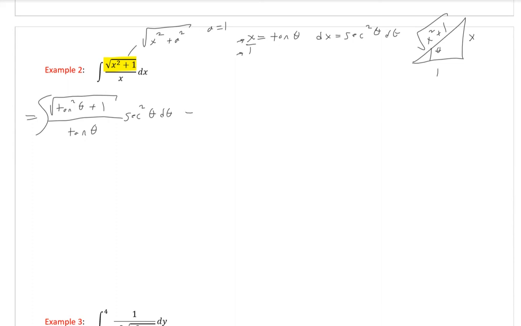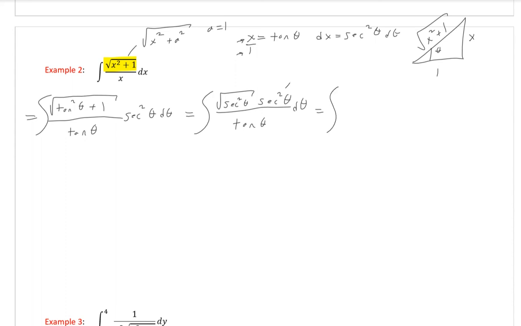All right. Now that square root of tangent squared plus 1, that will give me the square root of secant squared theta. And I'll put that secant squared theta we had on the outside up top as well. And so overall, the square root of secant squared is just secant, times another secant, should give me secant cubed.